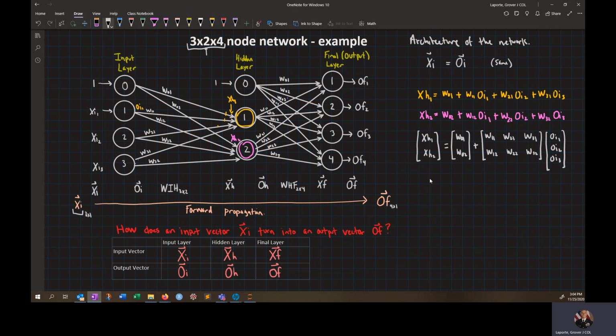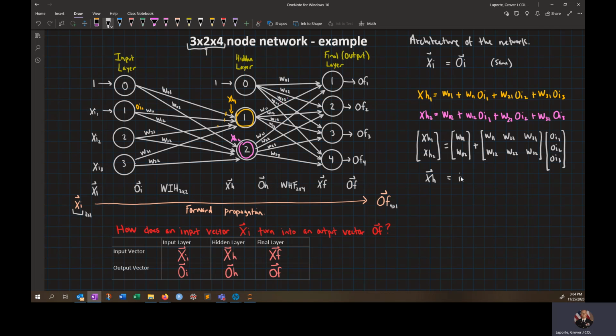Again, of course, we want to simplify our notation because we don't need to write this every single time. But XH, remember, this is input to the hidden. So the numbers on this side is equal to, and we're going to call this guy I bias.